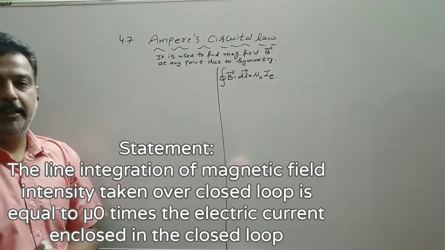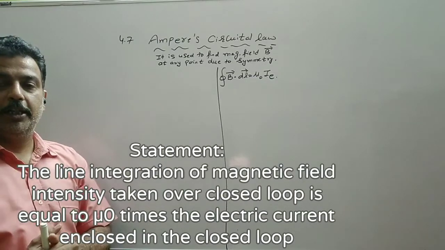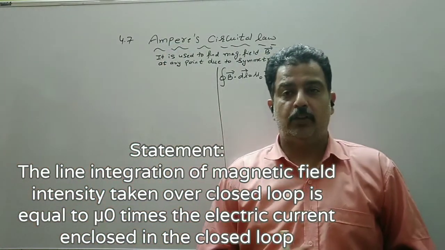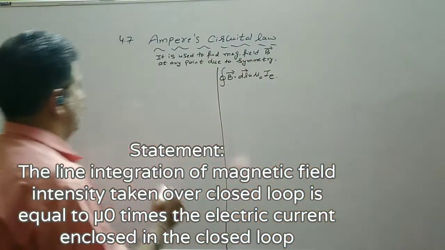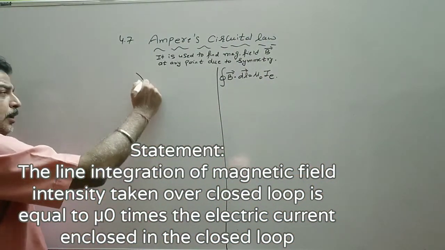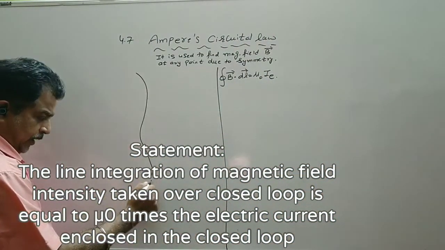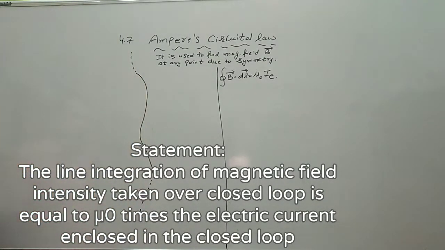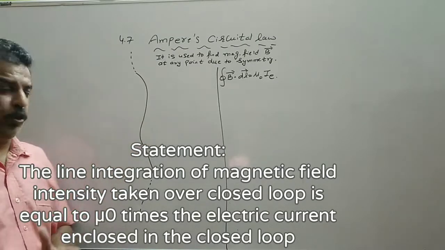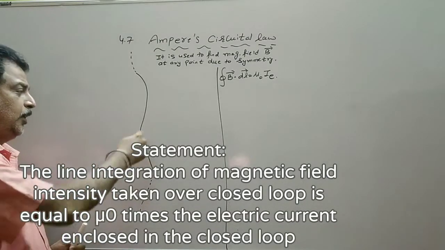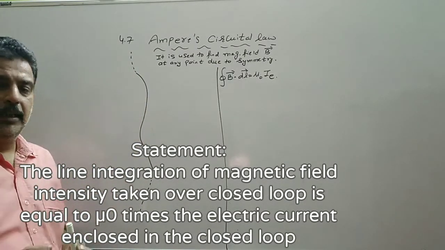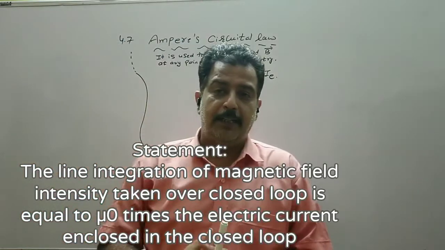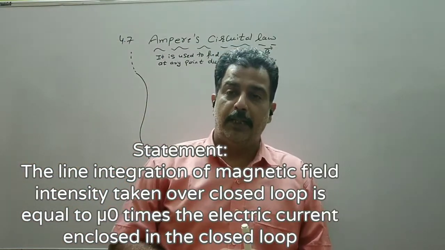Now let us extend this Ampere Circuital Law to a single infinite long wire. So let us consider a long wire, infinite wire. And if you remember, in the Biot-Savart law, we divided this wire into small line elements, and the current was flowing through each element, and it was referred to as a current element.